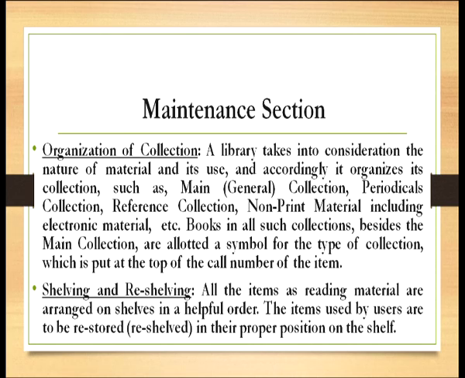The second work in the maintenance section is shelving and reshelving. All the items as reading material are arranged on shelves in a helpful order. The items used by users are to be restored to the proper position on the shelf.